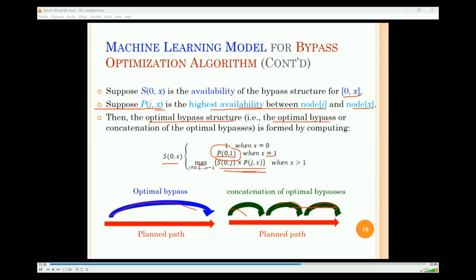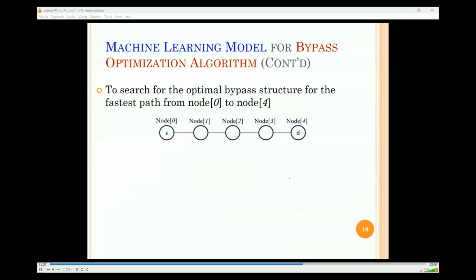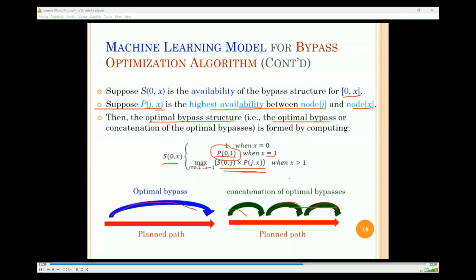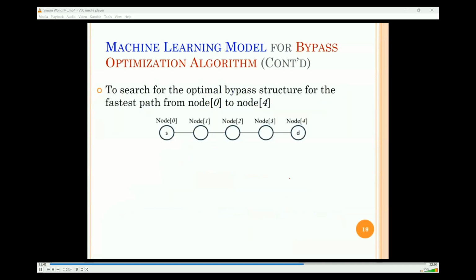Okay, so this is the formula, and I give you a scenario of how this algorithm works so you have a better idea about how these computations work. To search for the optimum bypass structure for the fastest path from node 0 to node j, step 1 defines the optimum bypass structure for the 0, 1 block.